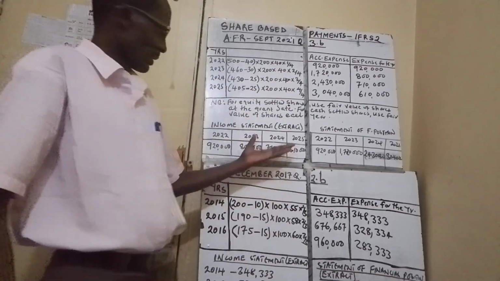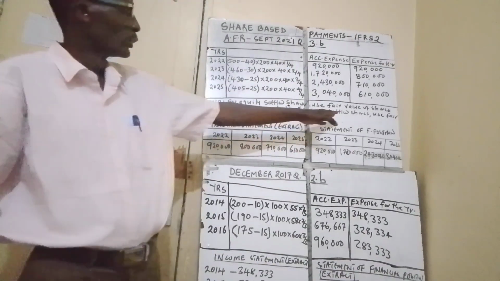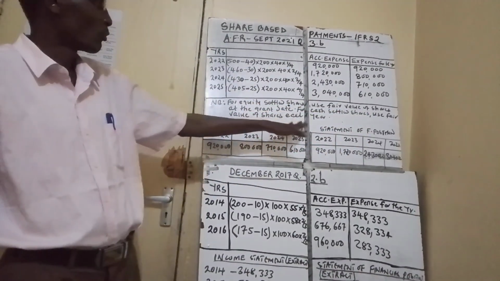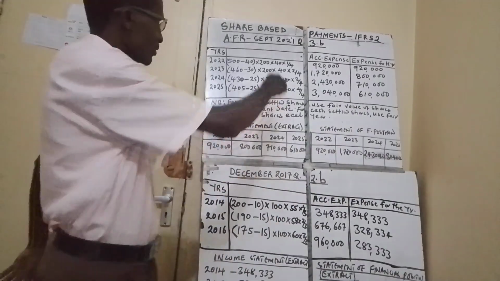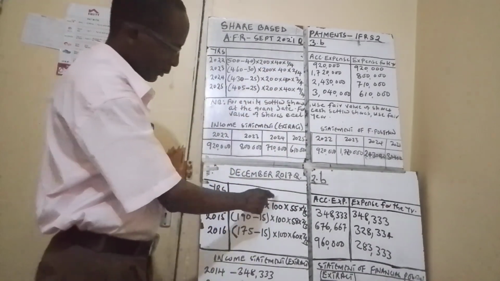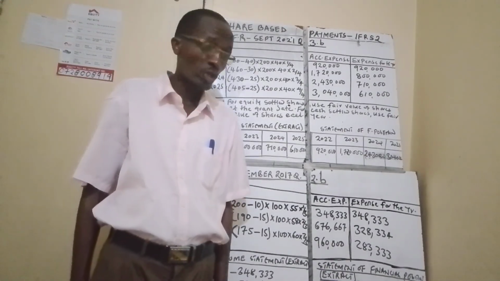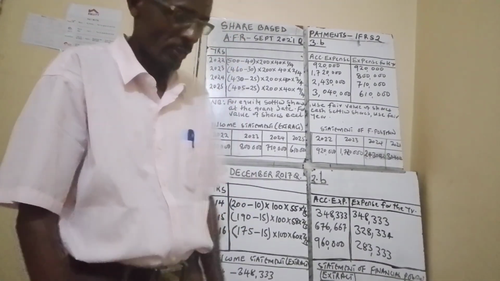If you are using cash based payment, then you will use fair value of shares each year. So these figures will be changing. The number you're multiplying by will be changing based on the fair value of shares each year.